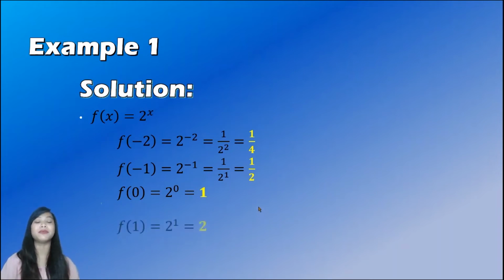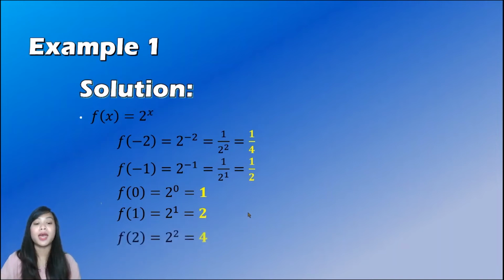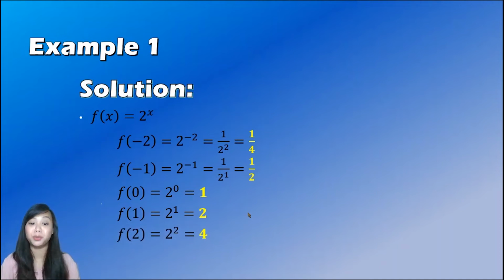So next, let's have positive values. So we have positive 1, so f of 1 equals 2 raised to 1. So 2 raised to 1 is equivalent to 2. So this is an identity. Next, we have f of positive 2 equals 2 raised to 2, which is equal to 4.